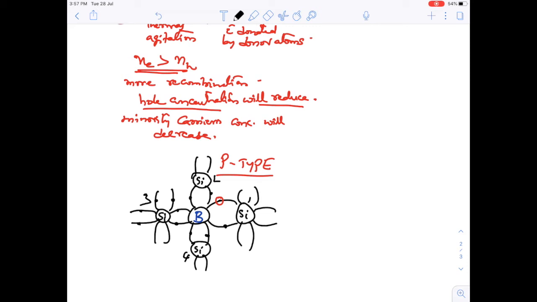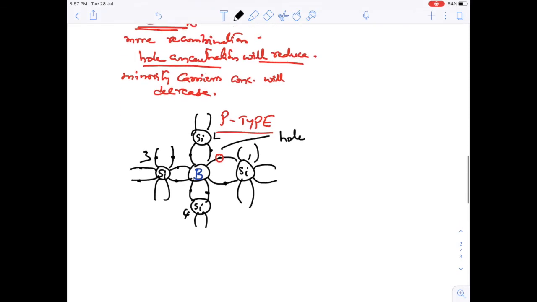To accept an electron means it is a hole. So, hole is generated here, which can accept an electron. Therefore, the hole concentration will be more than electron concentration.